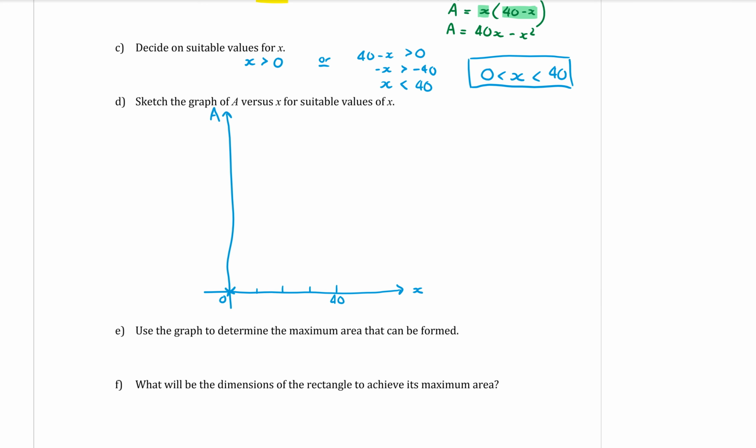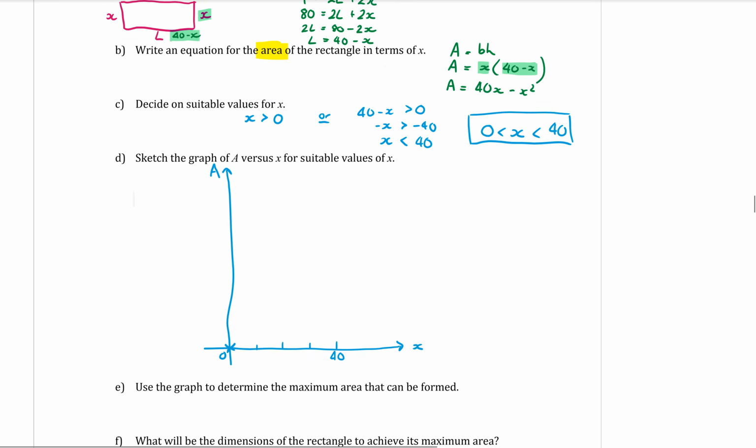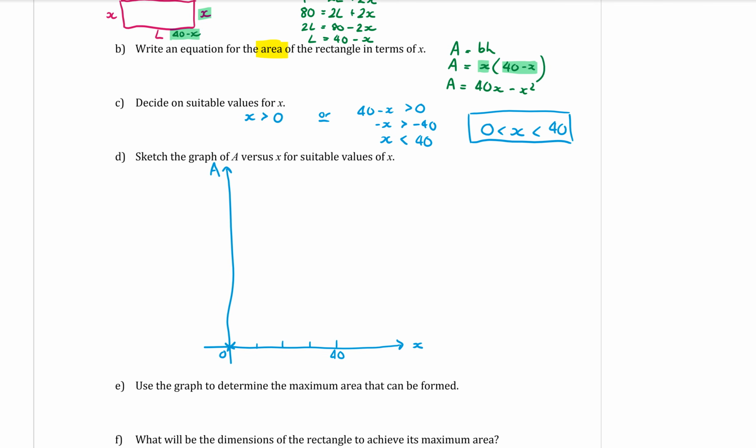Okay, so my graph is going to be, I want to look between 0 and 40. Where are my intercepts going to be? Because I already have a factorized version of my equation, so see back here in part B, there's my factorized form of my quadratic.